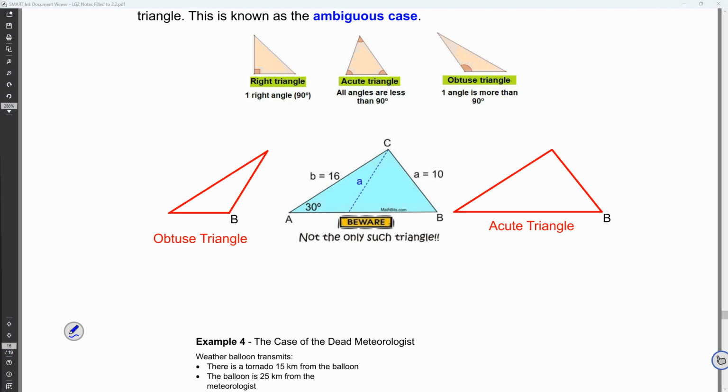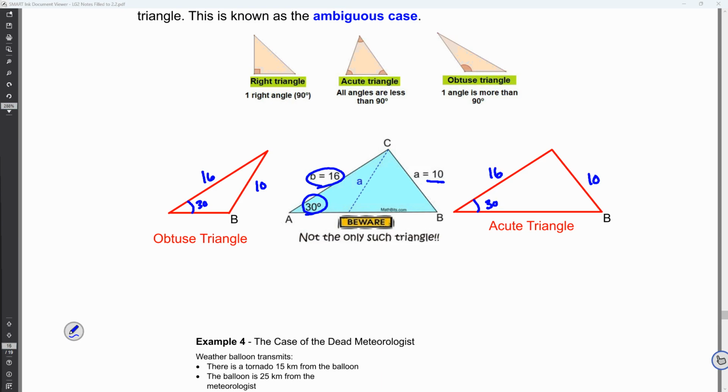So if we're given 30 degrees, and we're given the 10, we're also given a 16. Well, you can actually do two things with that. I can do my 30 degrees here, going over this 10 side length, and then a 16 side length here. But I can also have the same thing with 30 degrees, 10 here, 16 here.